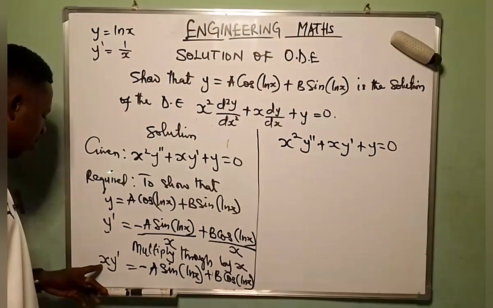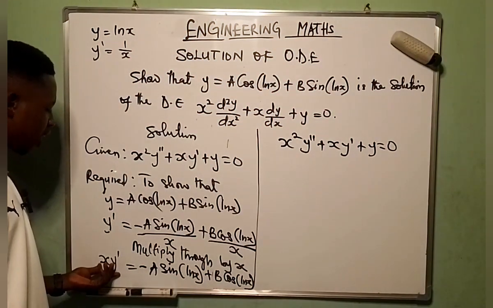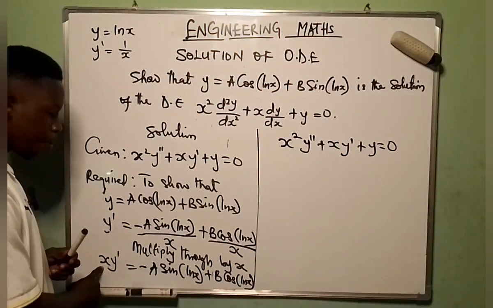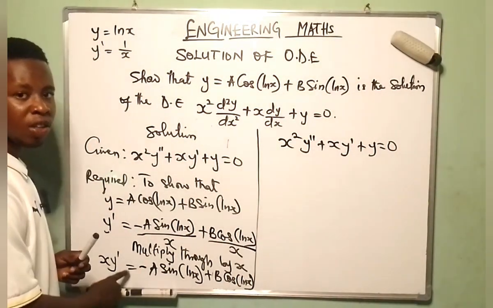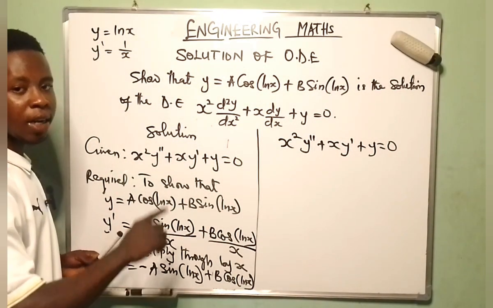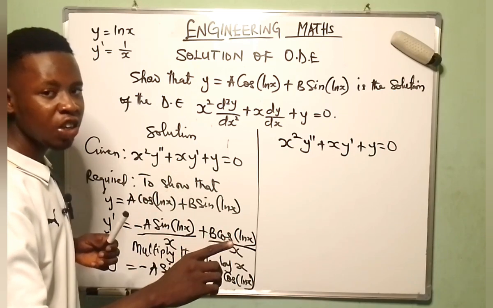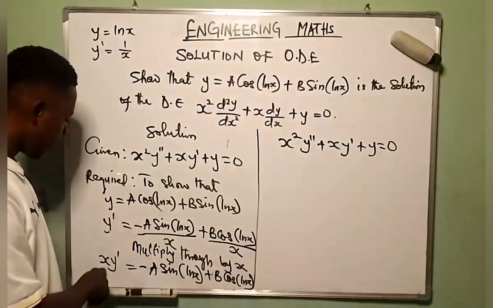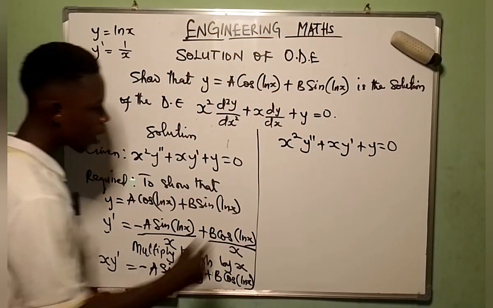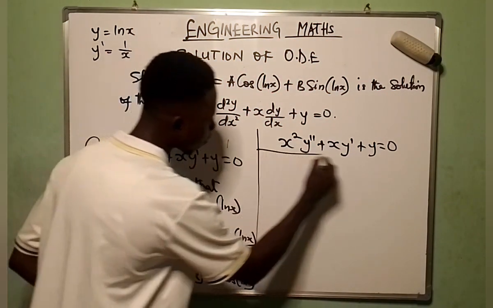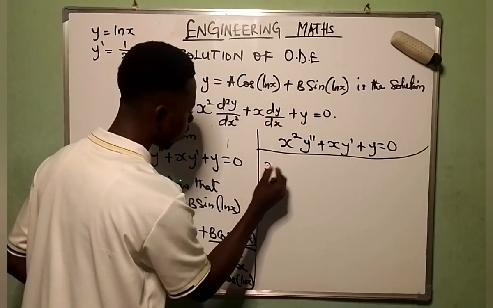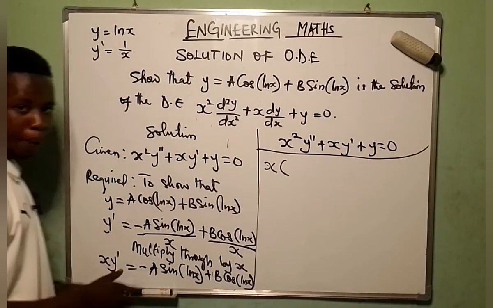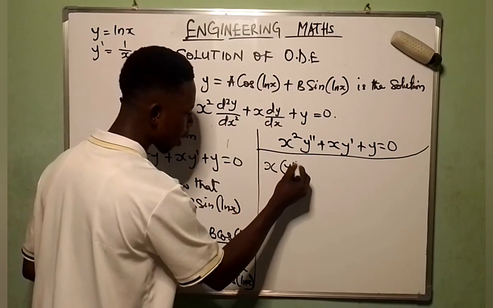Now you have x y prime. For you to differentiate this, don't forget our rule. Let me tell you what to do. You keep one of the functions and differentiate the other one. You will now add it, and then keep the one that is differentiated and differentiate the other one. This is what I mean. You have x here, y prime. If you want to keep x and then differentiate this one, if you differentiate y prime, you will have y prime prime.